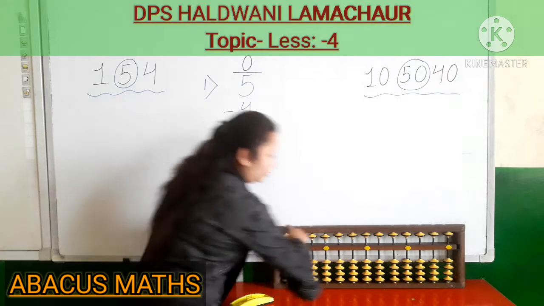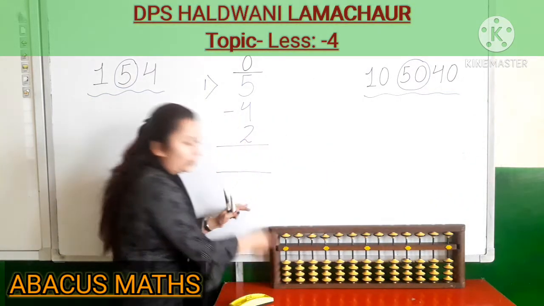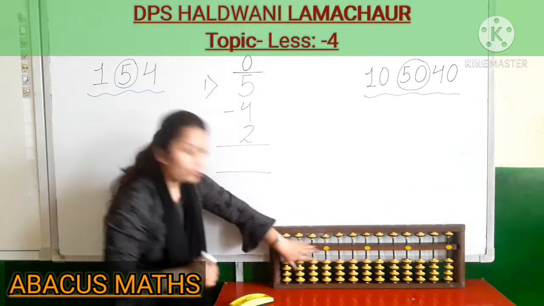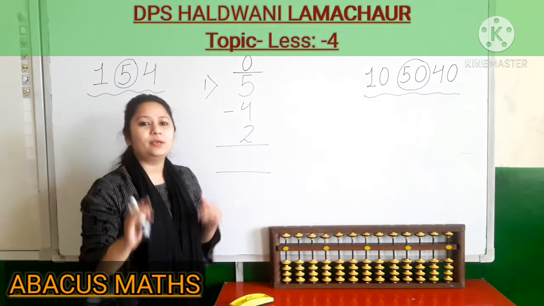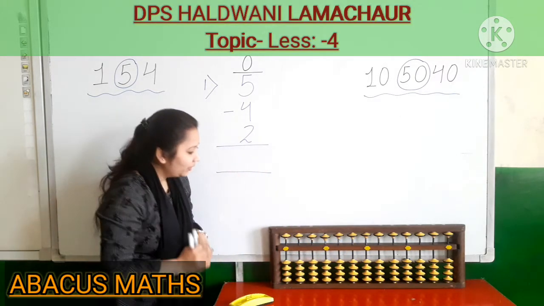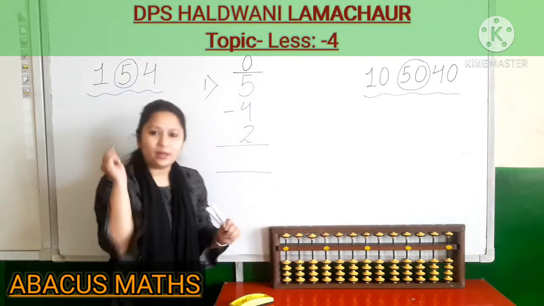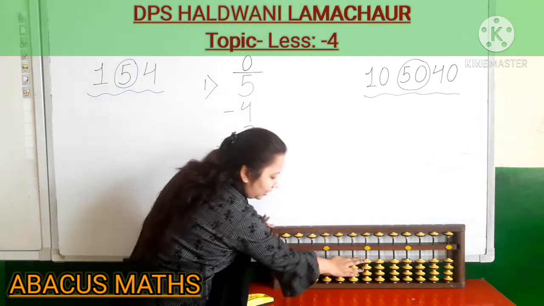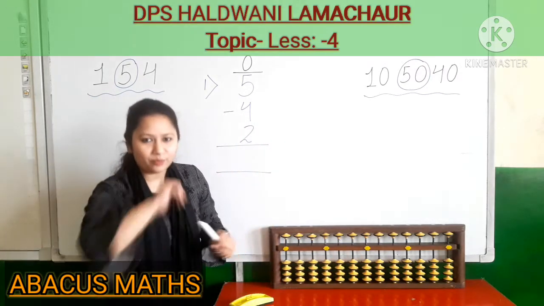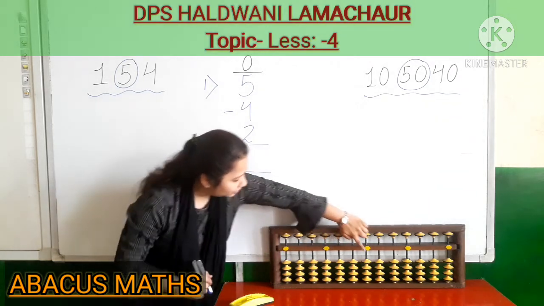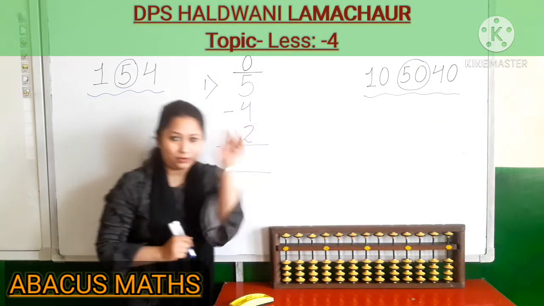So you know that this outer part is called frame. This midline is called value bar, or you can say only bar also. These are called beads. These are up, so these are called upper beads. These are down, so these are called lower beads. And you know that 1, 2, 3, 4, 5 dots are there.